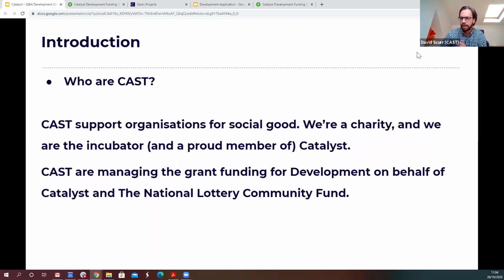Who are CAST? So both Debbie and I work for CAST, and CAST supports organisations for social good. We're a charity, and we are the incubator and a proud member of Catalyst. For those of you who don't know, CAST stands for the Centre for the Acceleration of Social Technology. And CAST are managing the grant funding for development on behalf of Catalyst and the National Lottery Community Fund.